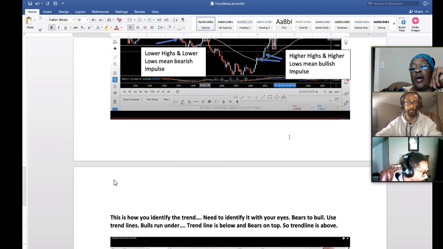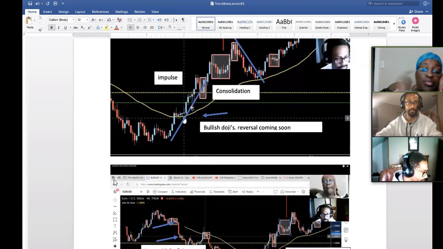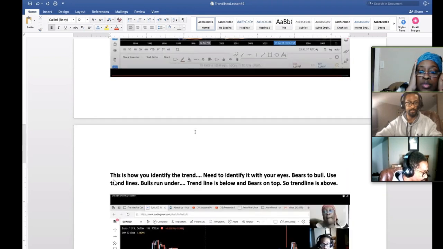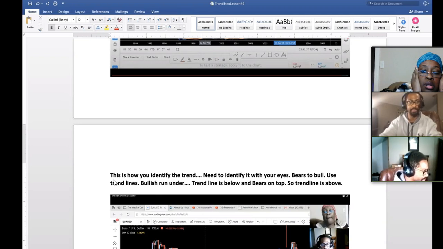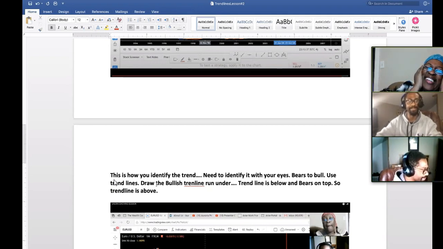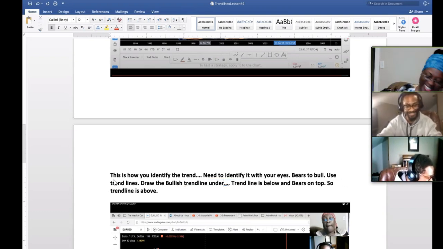Explain that to me, I want to make sure what you wrote is really what it is. Let's just write it plain: draw the bullish trend line underneath. You're absolutely right.